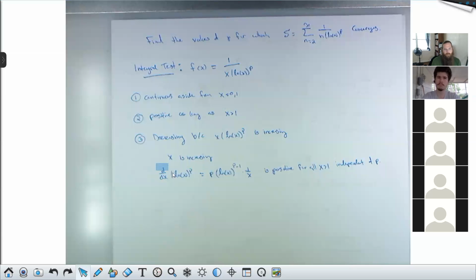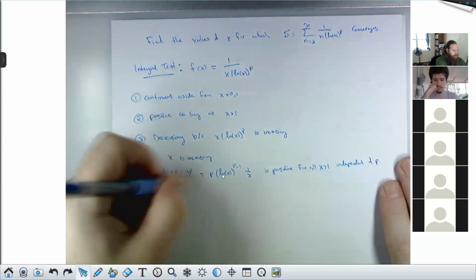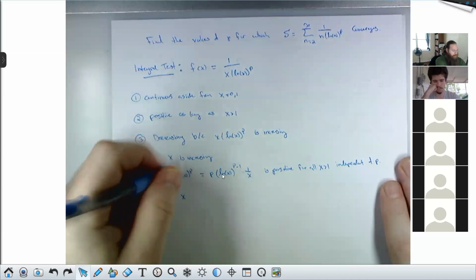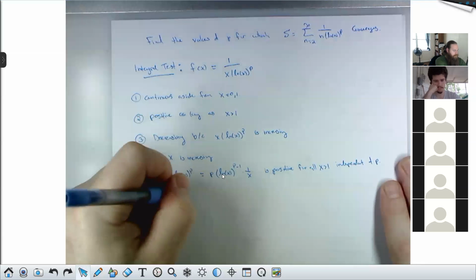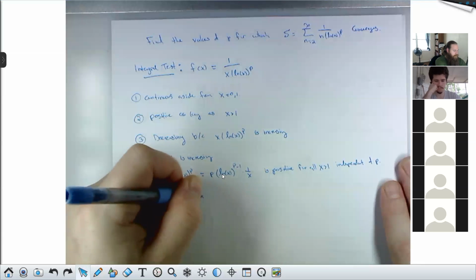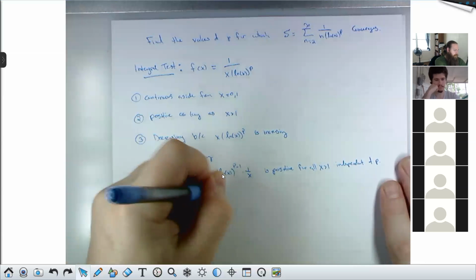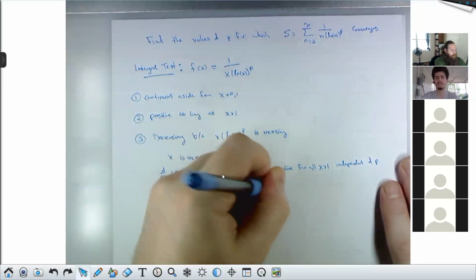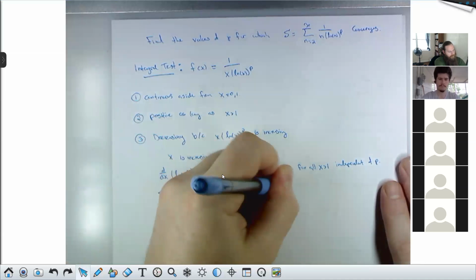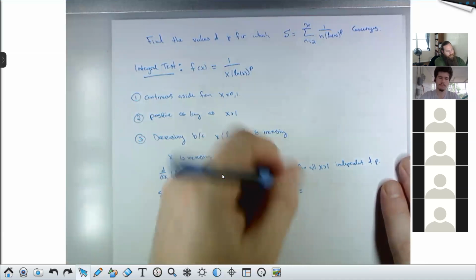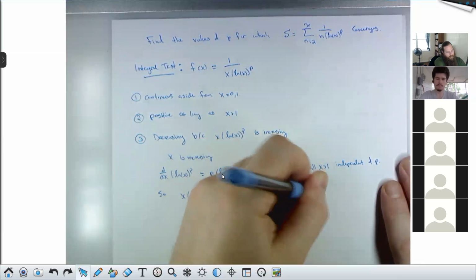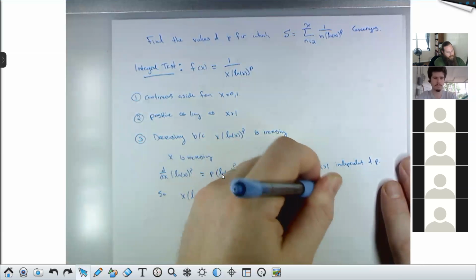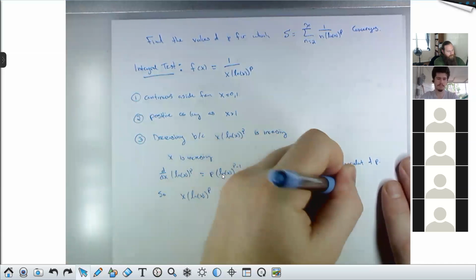Since this is the derivative of the bottom, that means that the bottom is increasing. It's the derivative of part of the bottom. So x times the natural log of x to the p is increasing, which implies f of x, which is its reciprocal, is decreasing.